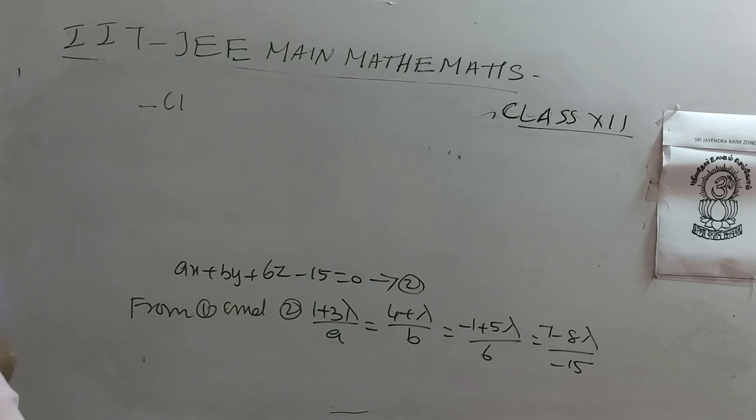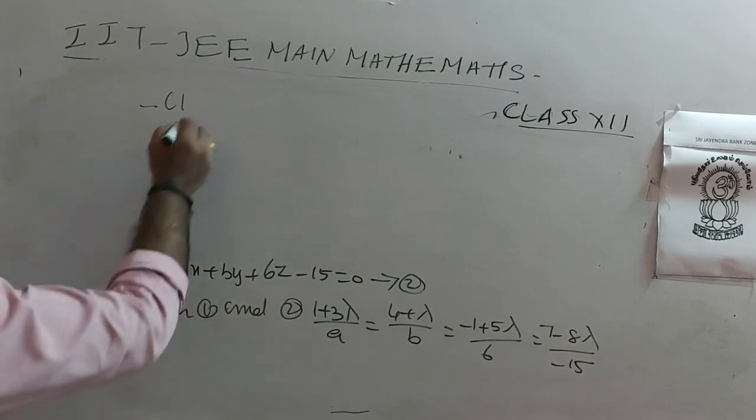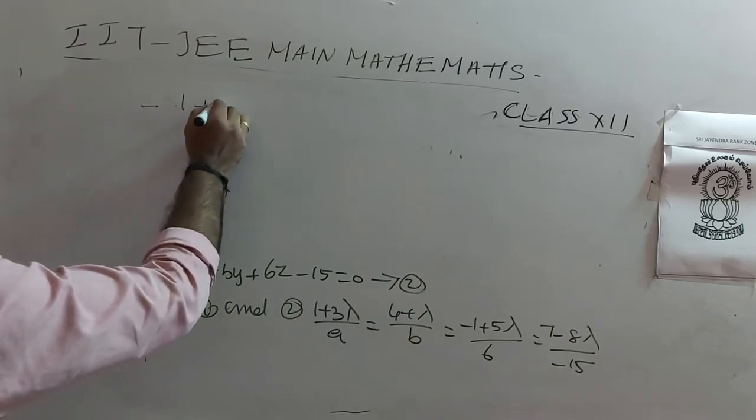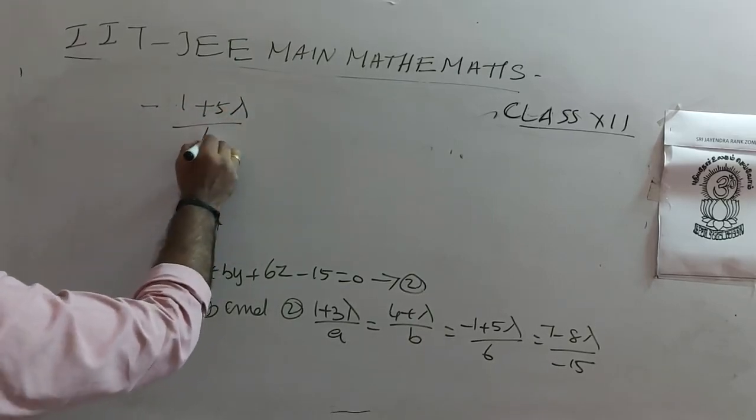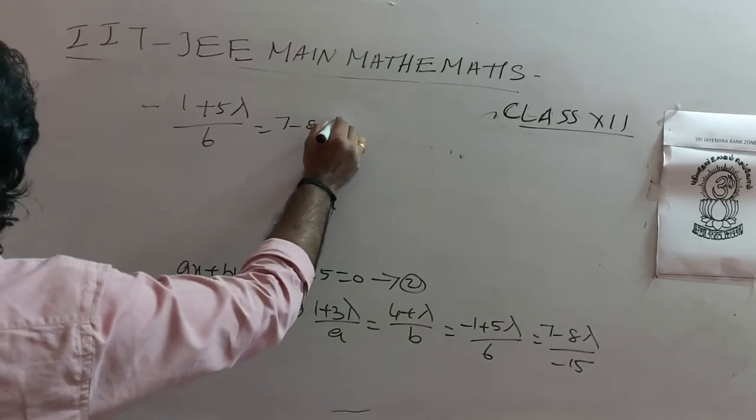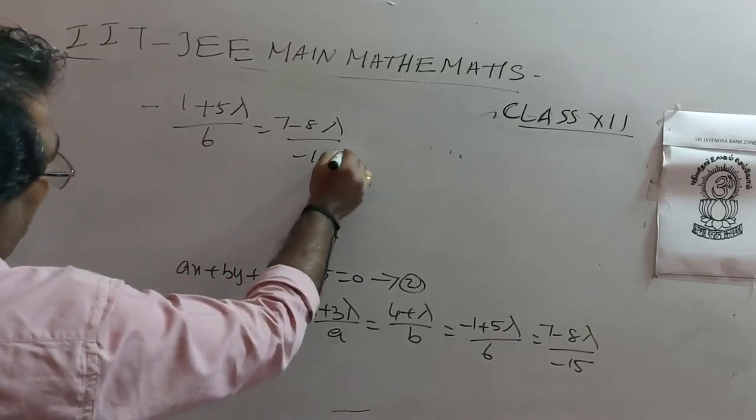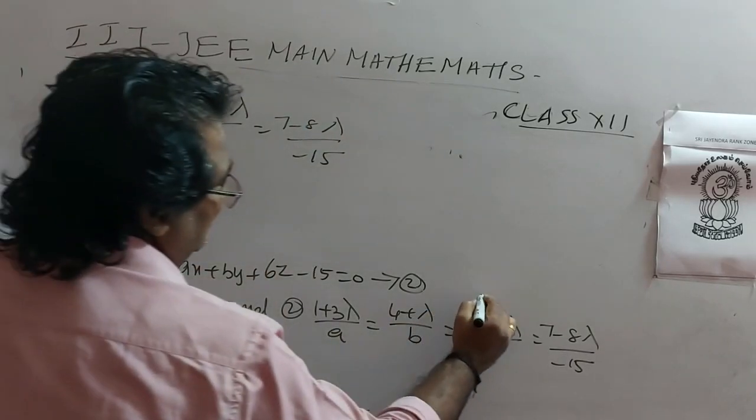Minus 1 plus 5 lambda by 6 equal to 7 minus 8 lambda by minus 15. We consider these two.